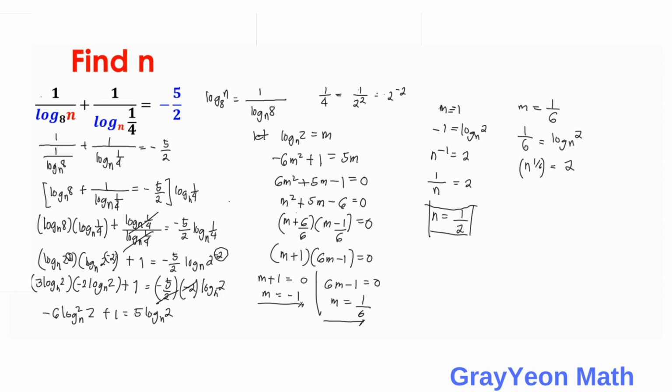If we raise both sides of the equation to the 6th power, the 6 and 6 cancel out, so we have n is equal to 2 to the 6, or n is equal to 64.